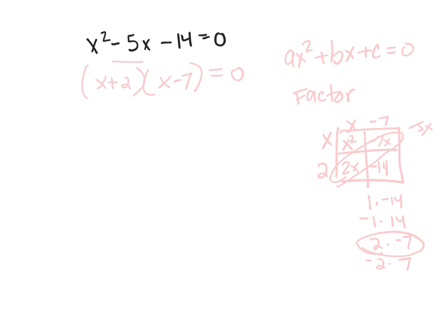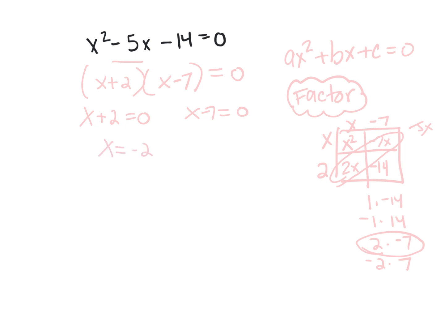And so since we have determined that this could factor, remember our first step is to factor, which we just did here. And then our second step is to use that zero product property. And we're going to set up two equations and then solve those two equations.